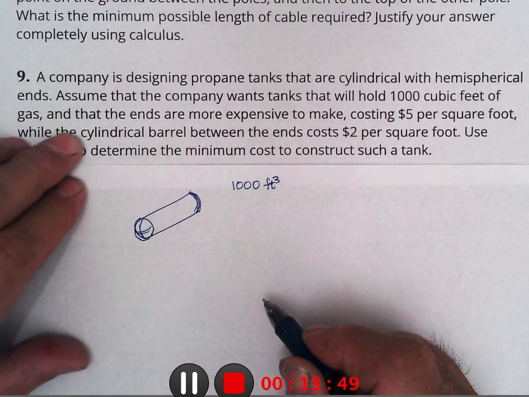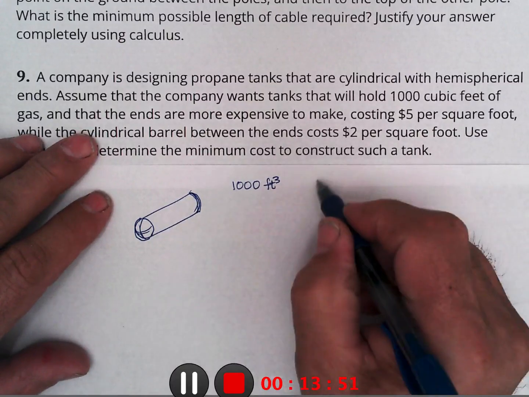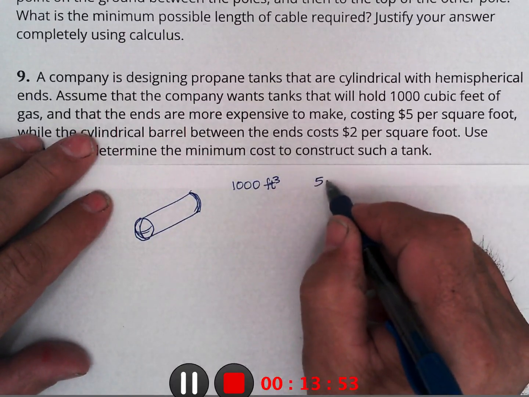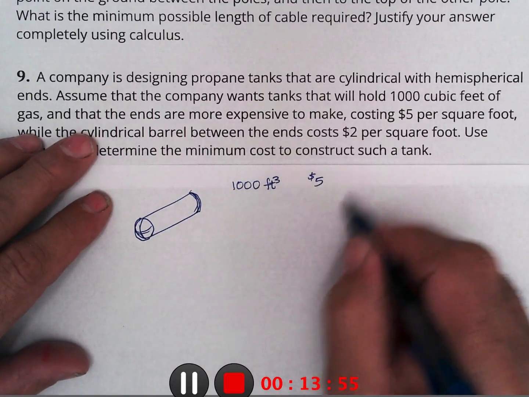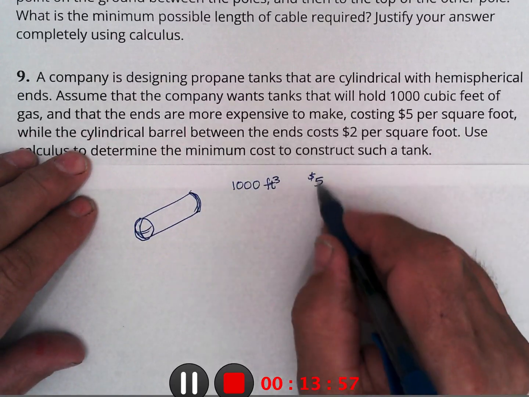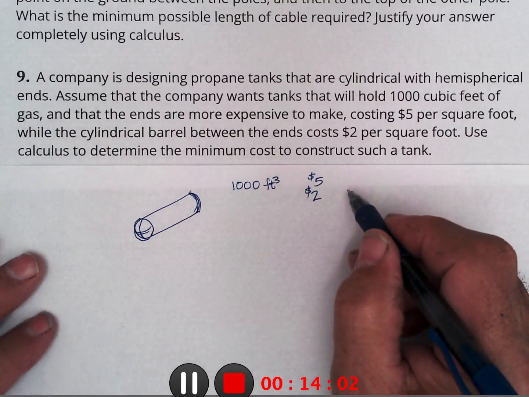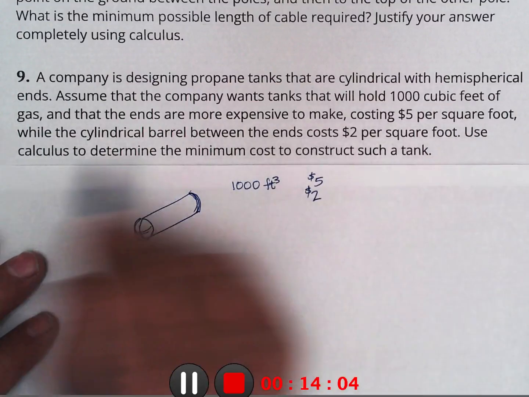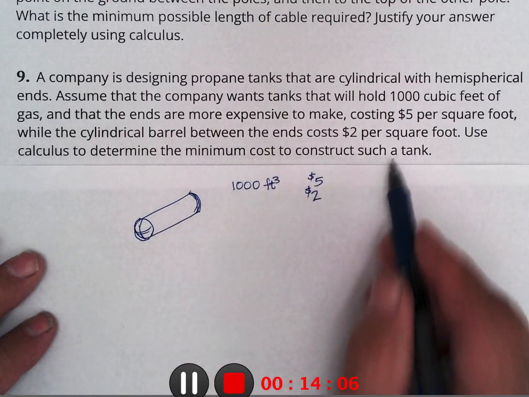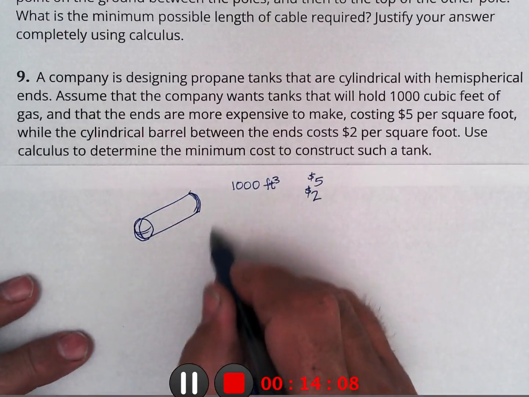And the ends are more expensive. They cost $5 per square foot. And the barrel costs $2 per square foot. And we want to use calculus to determine the minimum cost to construct the tank. So now we're doing a cost function.